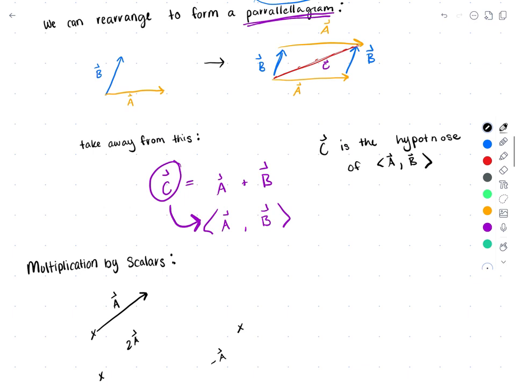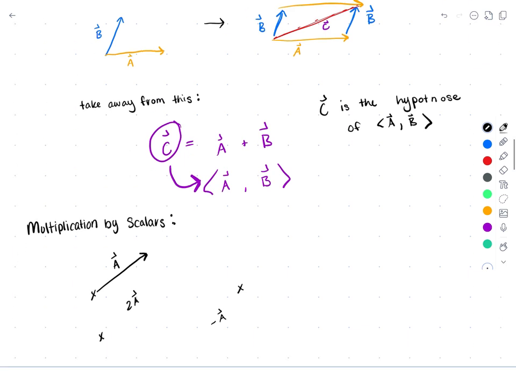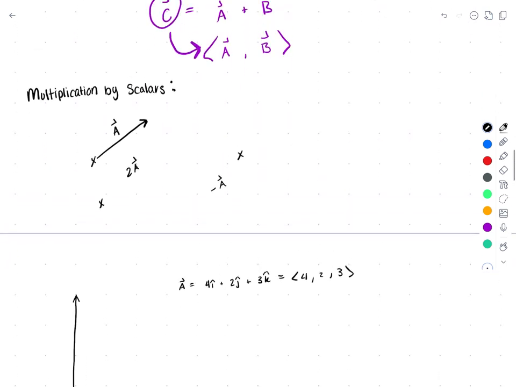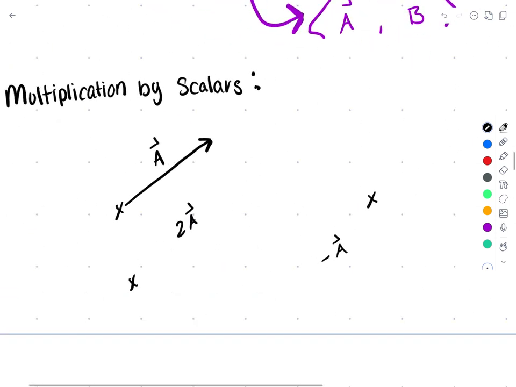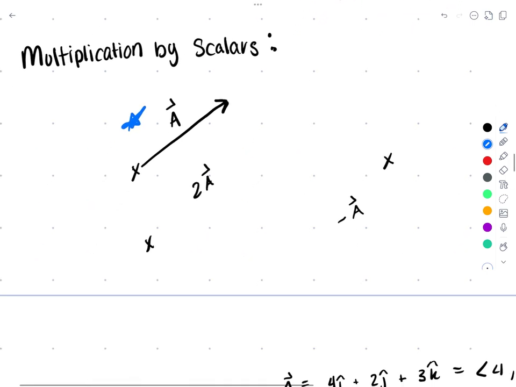Okay, moving on. Multiplication by scalars. Let's take a deep dive here. I have vector A drawn here. This is normal vector A, unmodified by any scalar multipliers. When I multiply vector A by 2, I simply get 2 times the length that A was before.